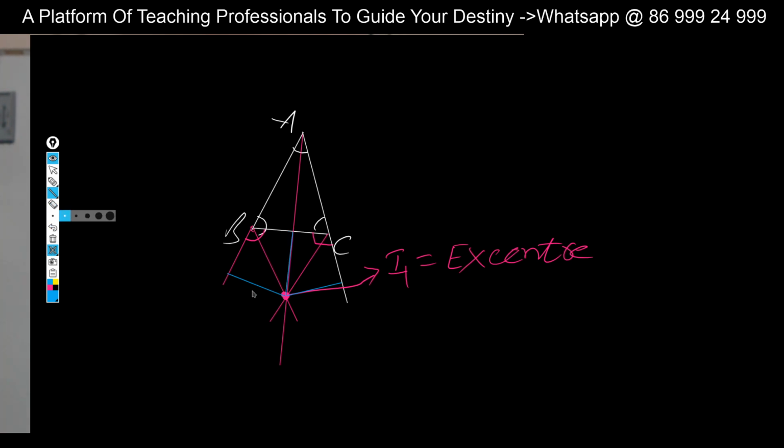Now, taking I1 as center and this as radius, R1, the standard notation, if you draw a circle, that circle always touches all three sides.